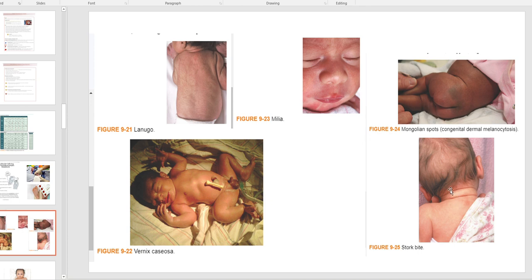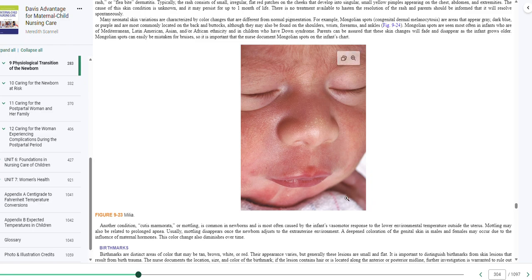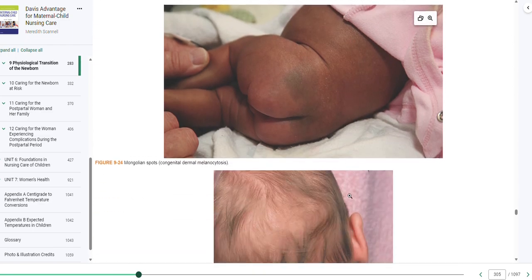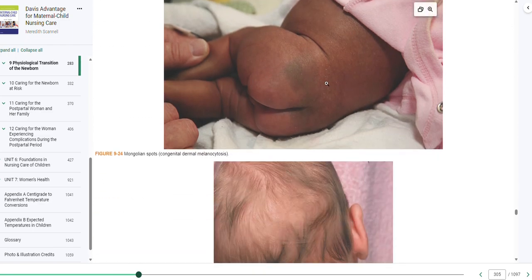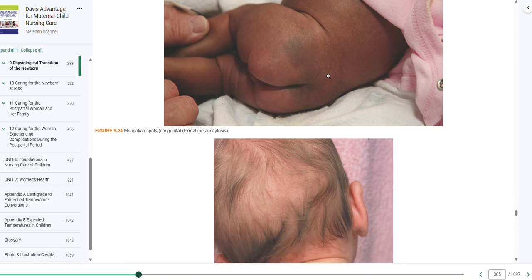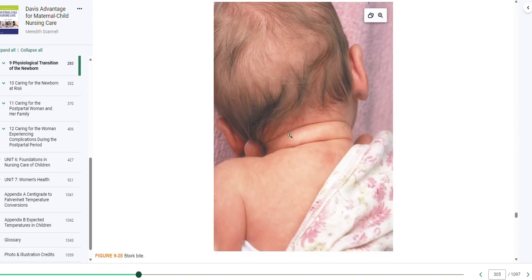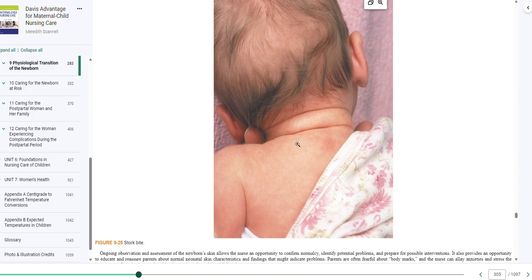This is just a little spot on the back of the neck. Sometimes it can be lower than that, but usually it's around the neck. I have one myself, and it's normal. It will not fade. Some of the Mongolian spots will fade, but the stork bites usually do not fade.